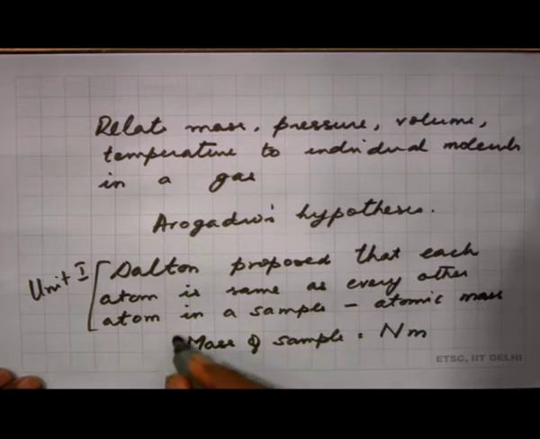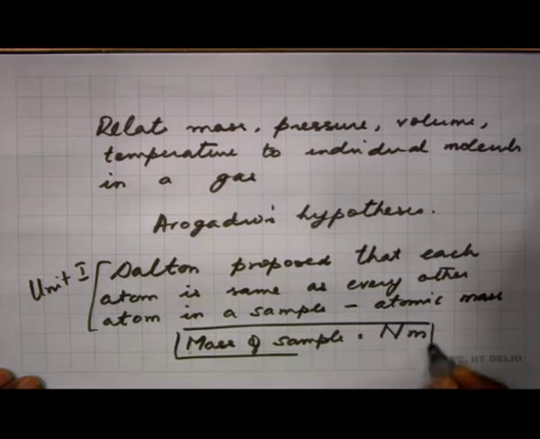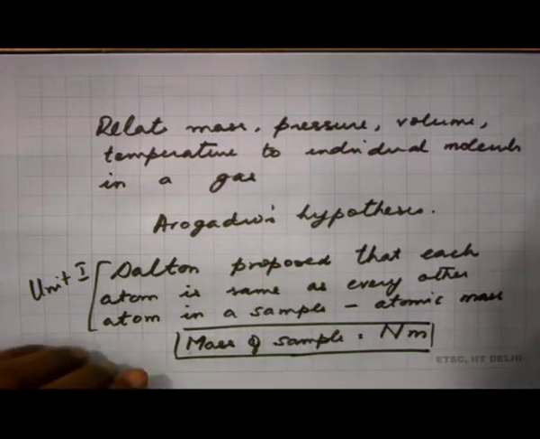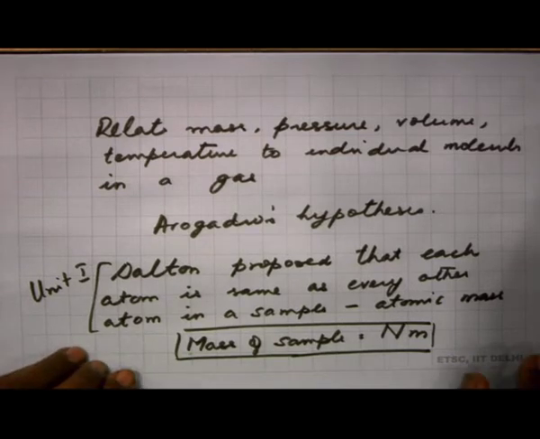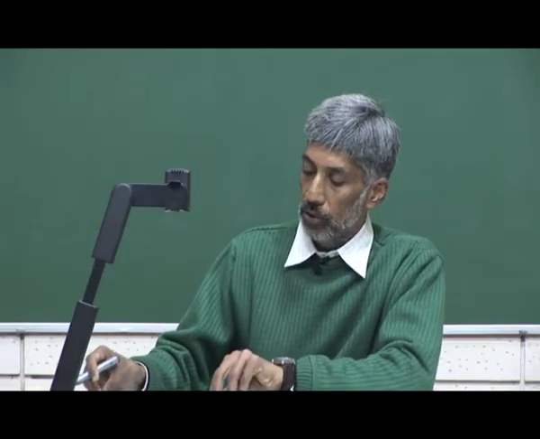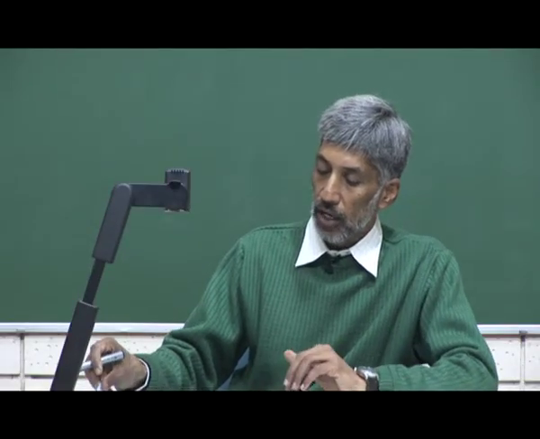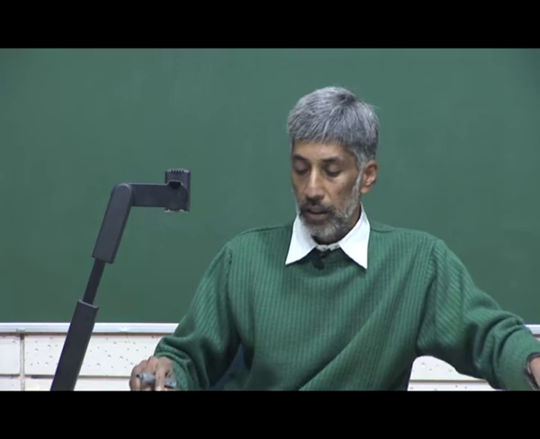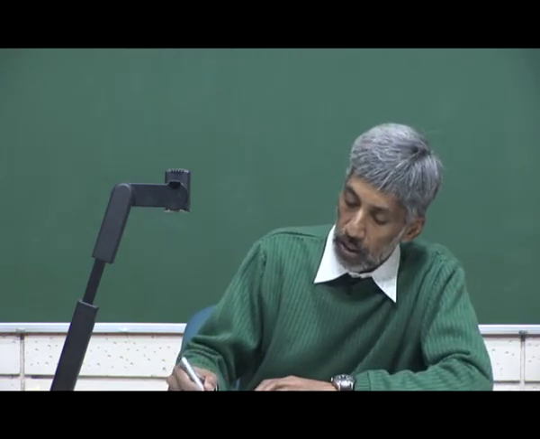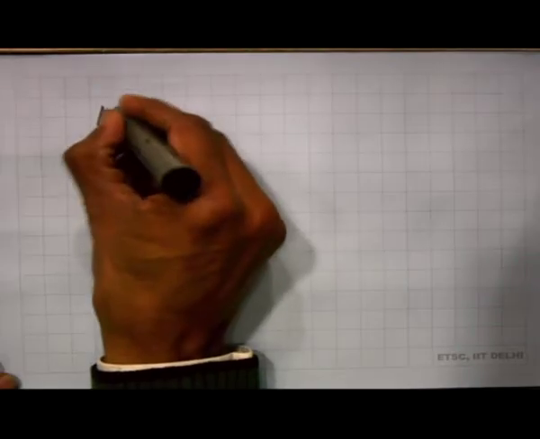So, this is something that we know from Dalton's atomic theory, and what Avogadro has now done is to relate this to the volumes of gases that react after Gay-Lussac's observation. So, let us try and see if there is a model that can explain all this observation with the gases.